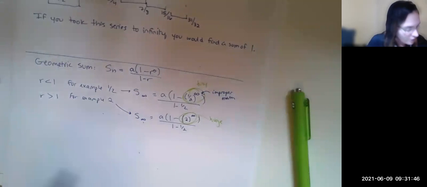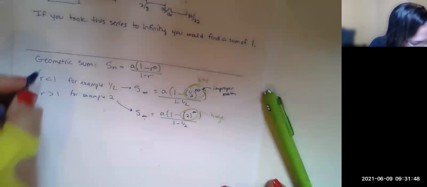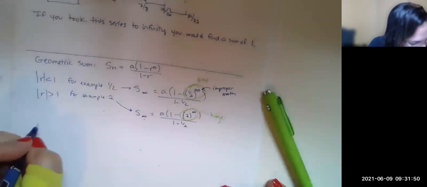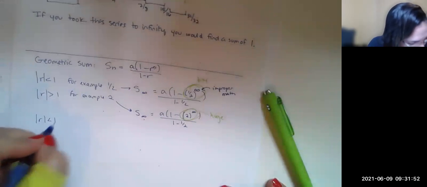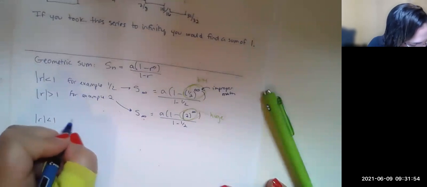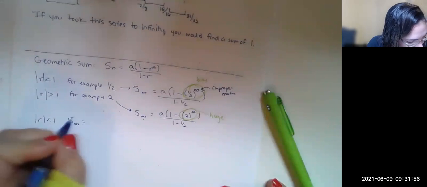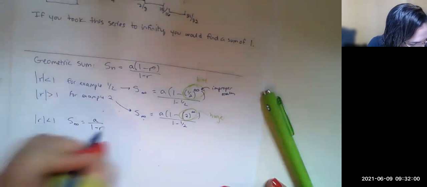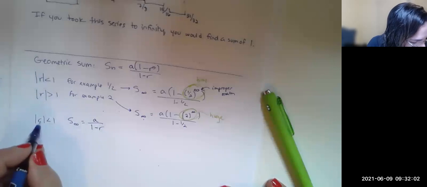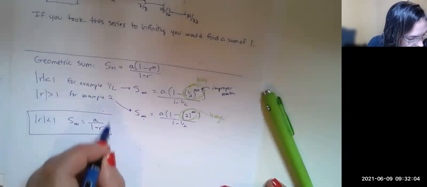So if R, technically the absolute value of R, is less than 1, then your infinite sum is basically just going to be A over 1 minus R, but only if your R is less than 1.